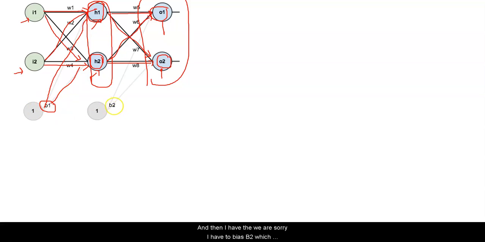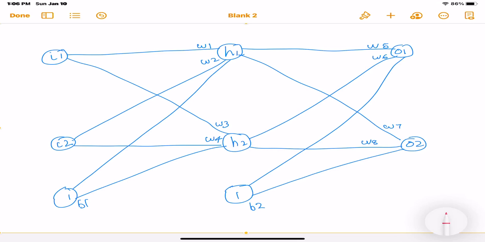And then I have the bias B2, which goes to the output neurons O2 and O1. And to start with, these biases are given a value 1. So this is our neural network that we will be working with.